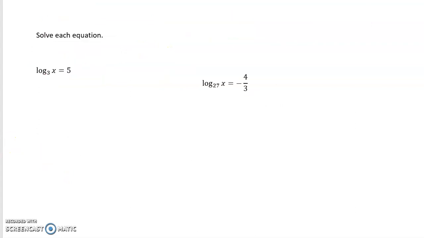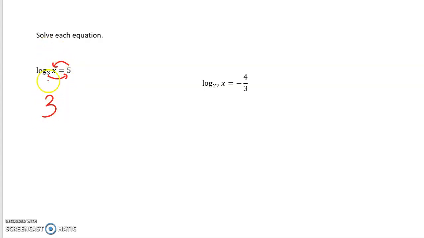The last type of question is to solve a logarithmic equation. When we do this type of question, we apply the definition. We can convert this to exponential form because we are more familiar with the exponential form than the logarithmic form.